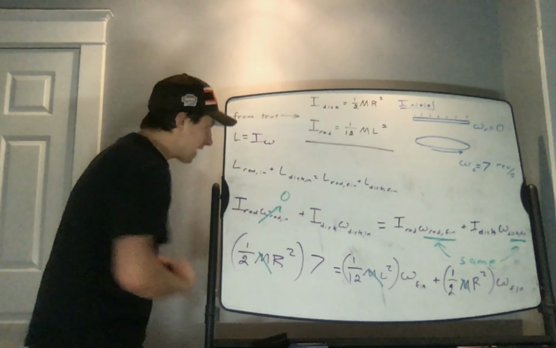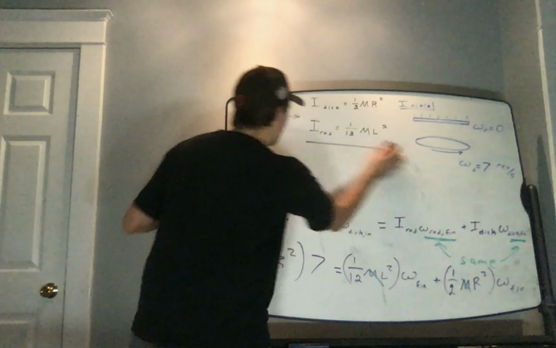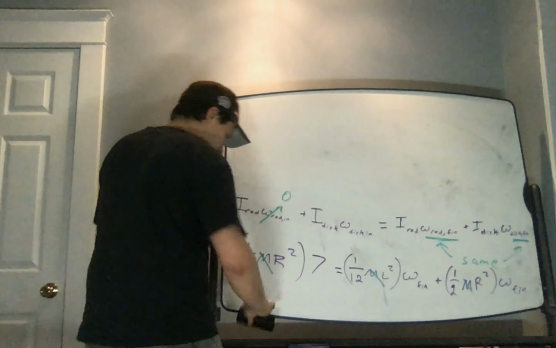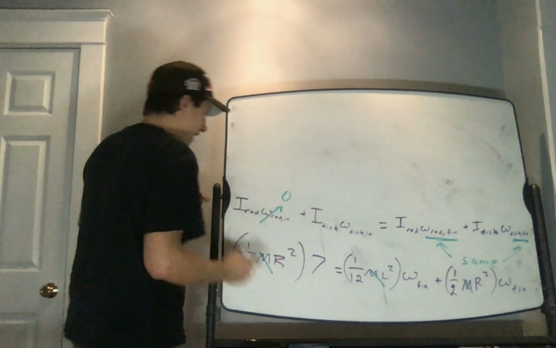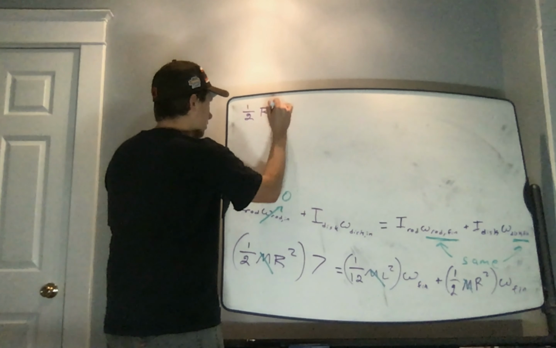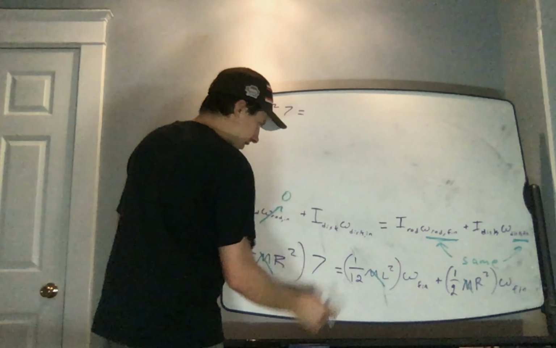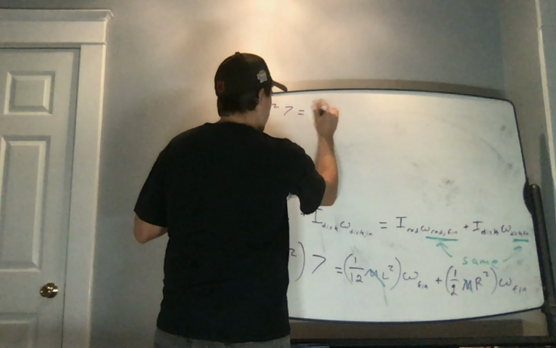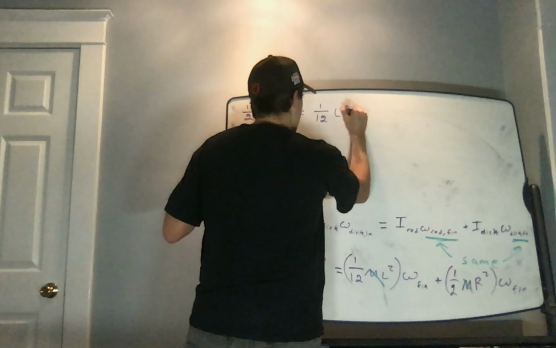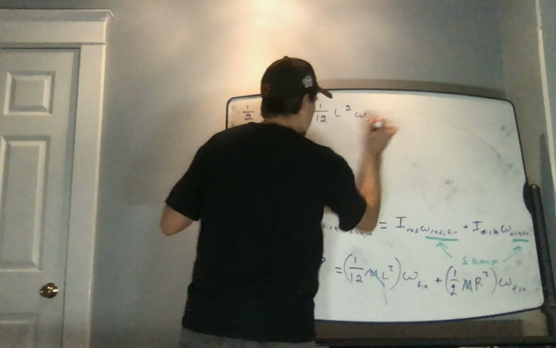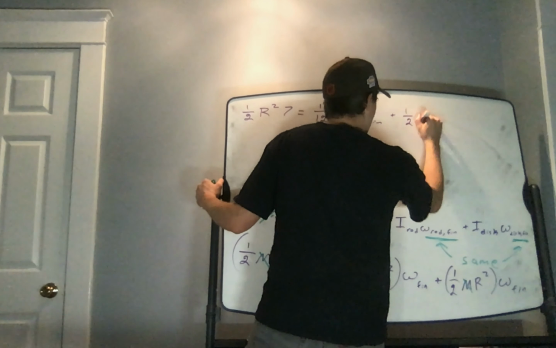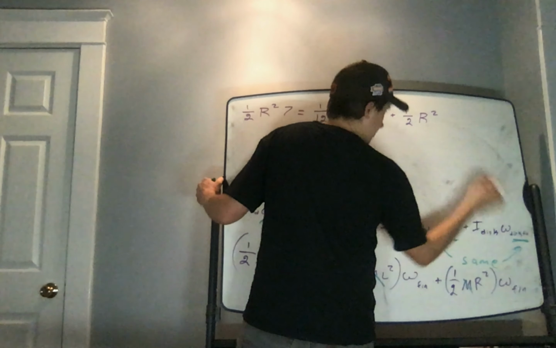And when I do that, I would get one-half times r squared times 7 equals 1/12 times L squared omega final plus 1/2 r squared times omega final.